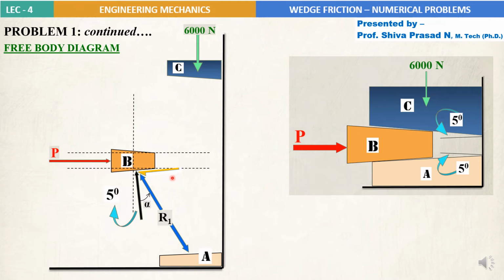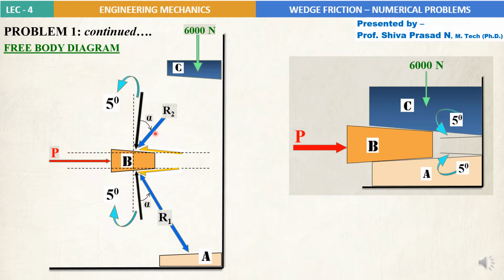Next, moving on to the upper surface of the wedge B, I will consider that normal reaction first. Again, this normal reaction is inclined at 5 degrees to pure vertical, that is true vertical. Next, we have the frictional force in the opposite direction of the applied force P, and in between that we can have the resultant of the frictional force and the normal reaction, and I will call it R2.